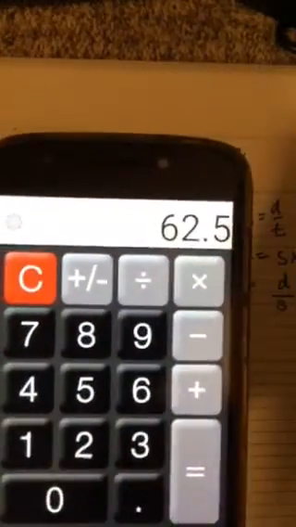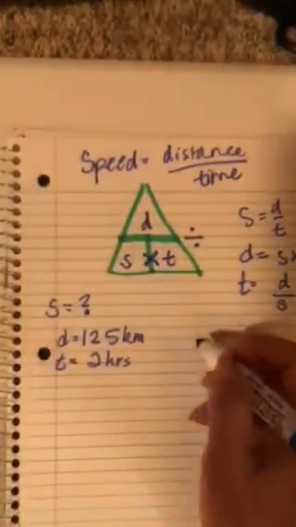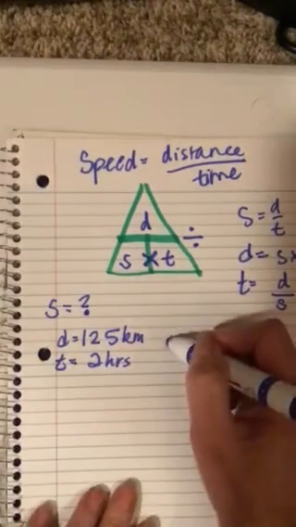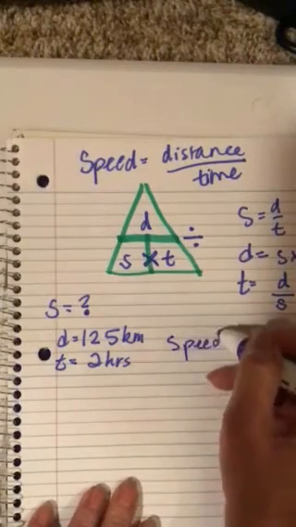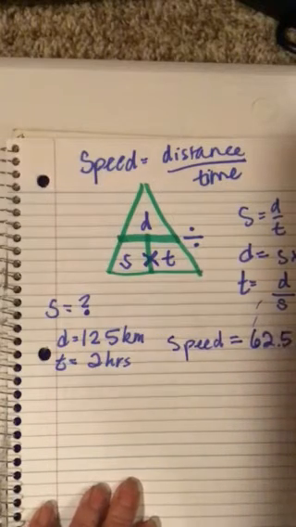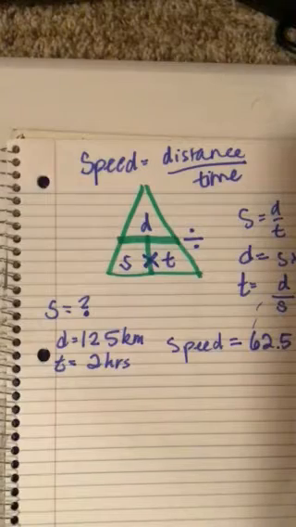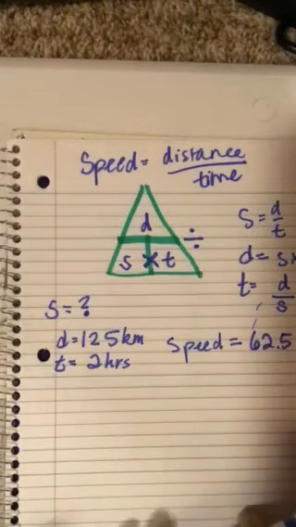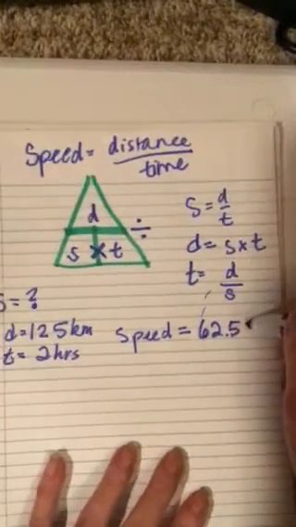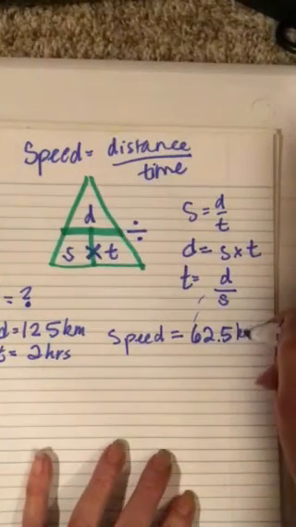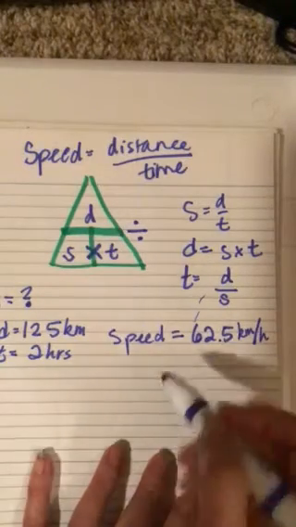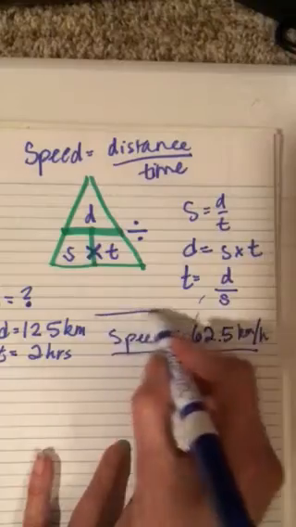You could round to 63, but I'm going to leave it at 62.5. So the speed is equal to 62.5. But remember, speed is in miles per hour, kilometers per hour, meters per second, something like that. So obviously we have kilometers and hours, so this is going to be in kilometers per hour. Okay, so that would be my answer for this first problem.